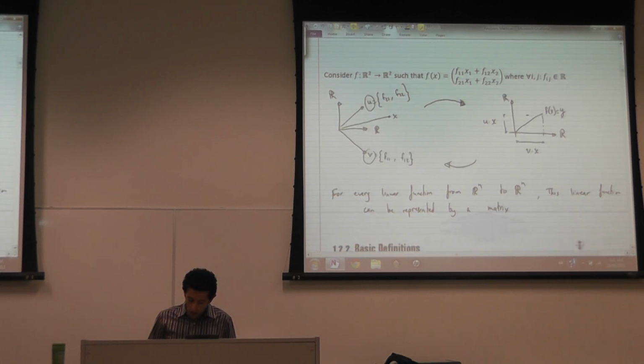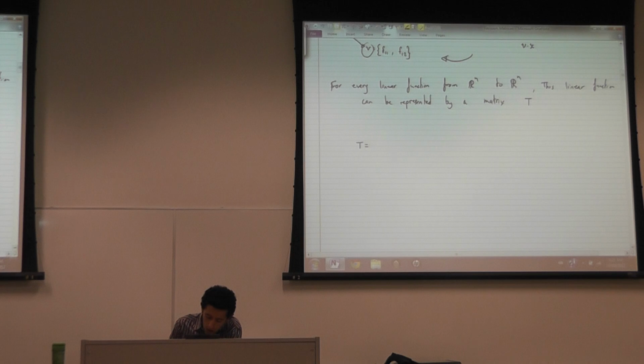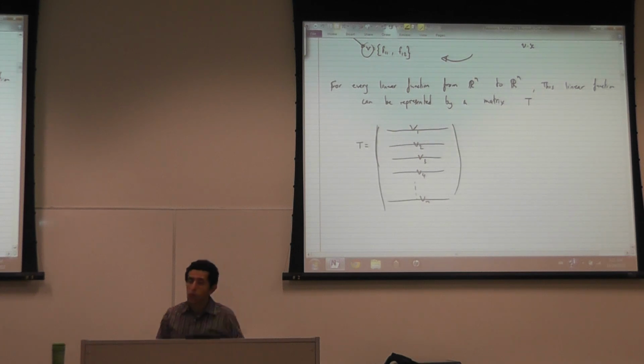And this matrix will have the form made out of n vectors, such that when I multiply this matrix by a vector, I'm taking the dot product between the first vector and the column vector to give me the first component of the new vector.